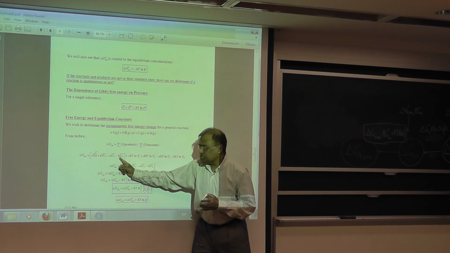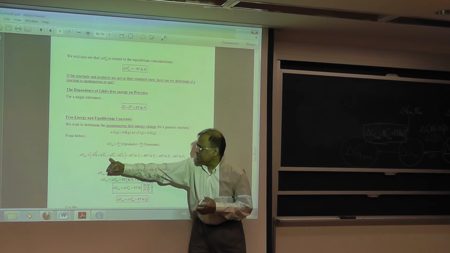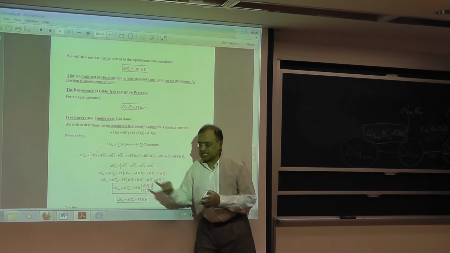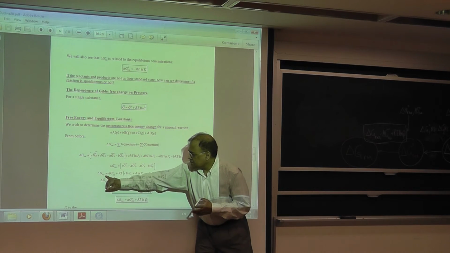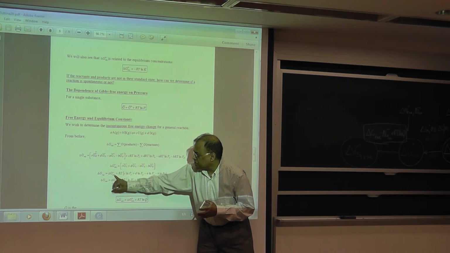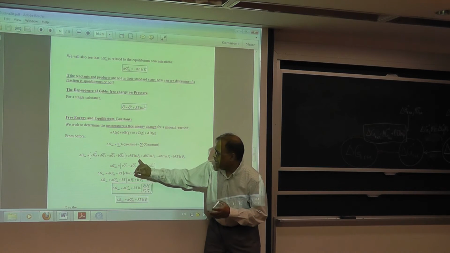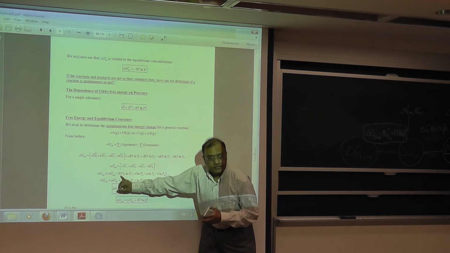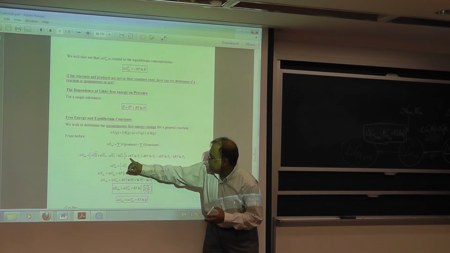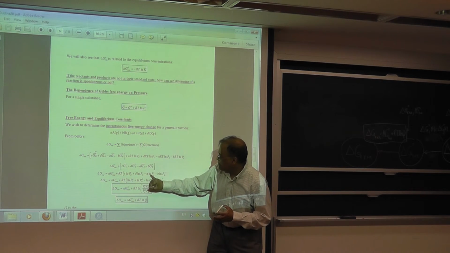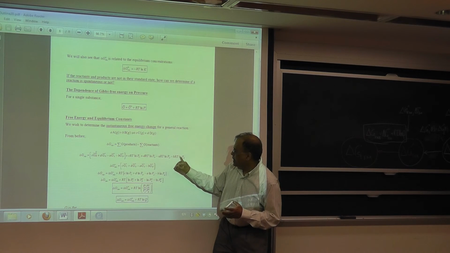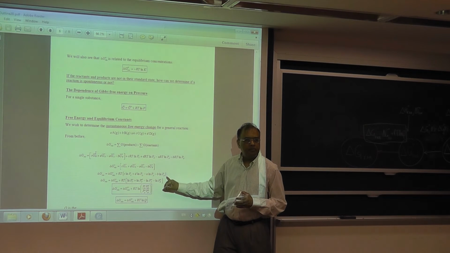That's the Gibbs free energy change when reactants in their standard state go to products in their standard state. And now I can write the delta G reaction is equal to delta G naught reaction plus, I'm going to take the RT out. And now I have C log PC plus D log PD minus A log PA minus B log PB.